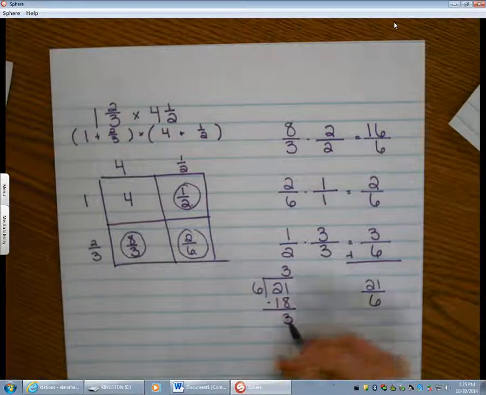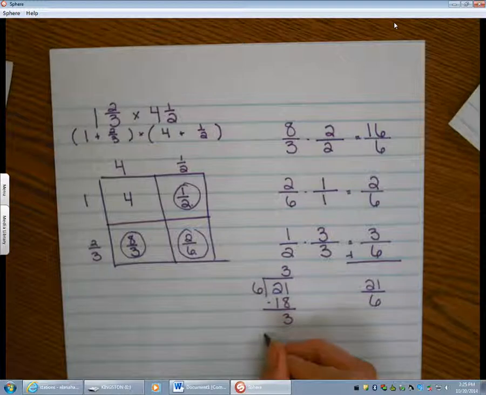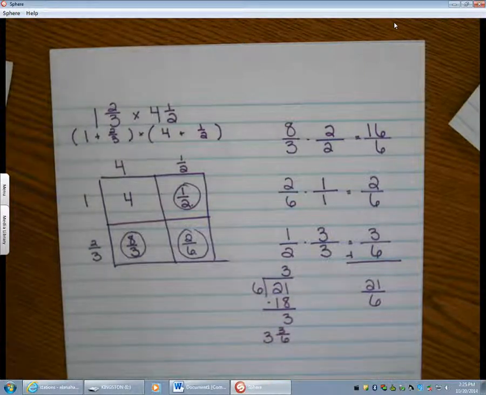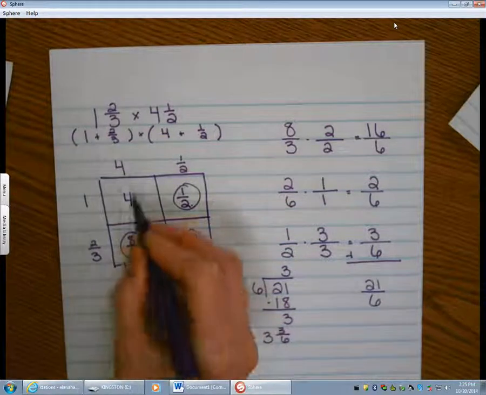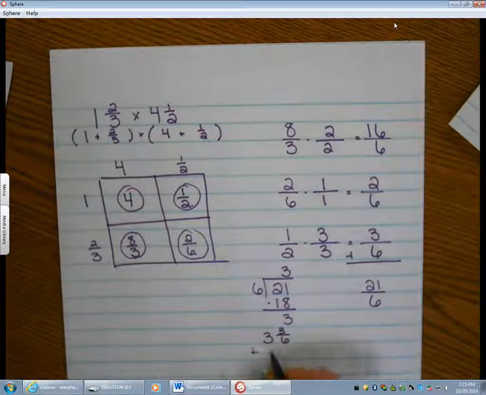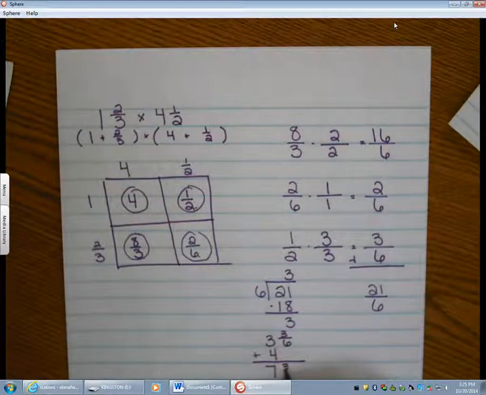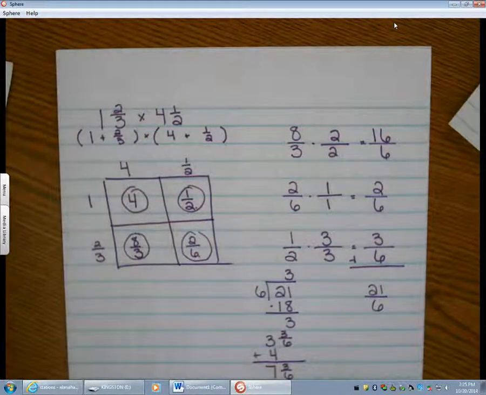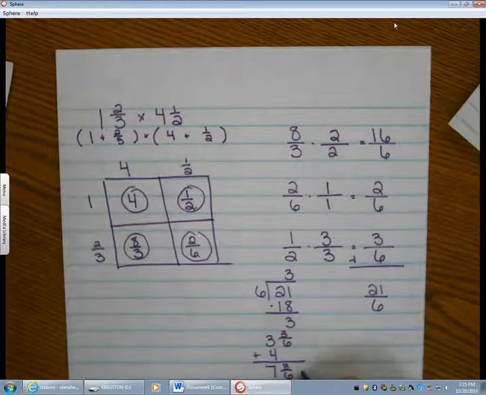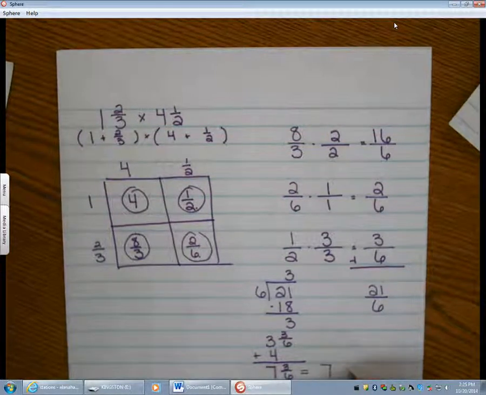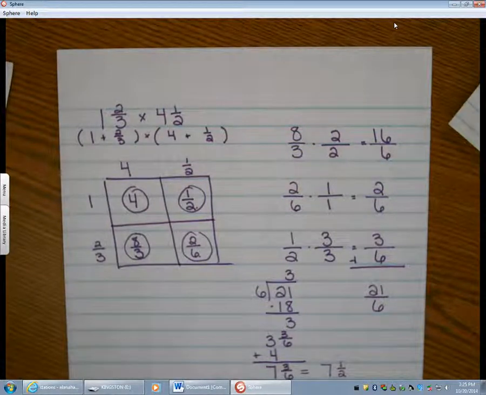So I have 3 and 3/6 is my mixed number, plus my 4 whole that I have for my partial product, makes 7 and 3/6. And of course I need to reduce that to 7 and 1/2.